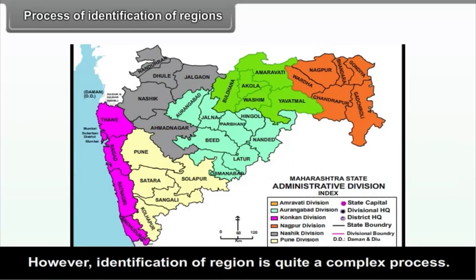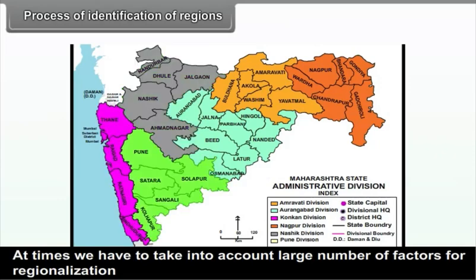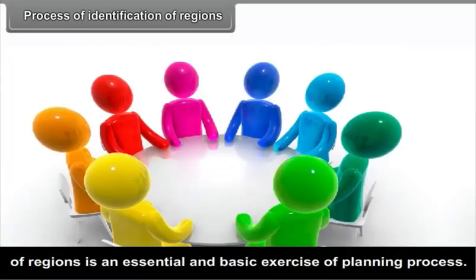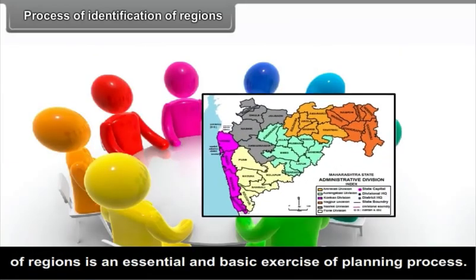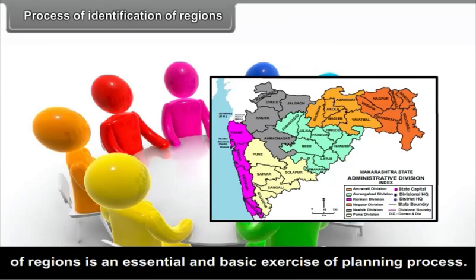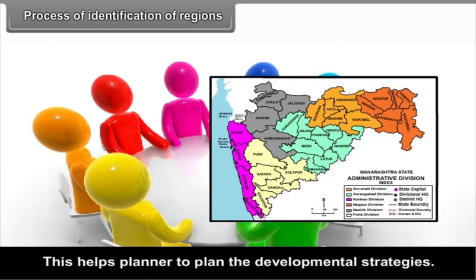However, identification of a region is quite a complex process. At times, we have to take into account a large number of factors for regionalization. The identification of regions is an essential and basic exercise of the planning process. This helps the planner to plan the developmental strategies.